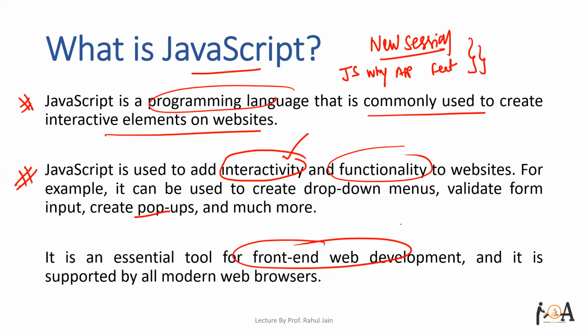If you want to master user interface work, if you are very interested in designing a creative and responsive web page, then 100% you need knowledge of this language, JavaScript, and it is supported by all modern web browsers. It can be Chrome, it can be Edge for Microsoft, or it can be Safari for Apple. So all modern web browsers support this language, right?